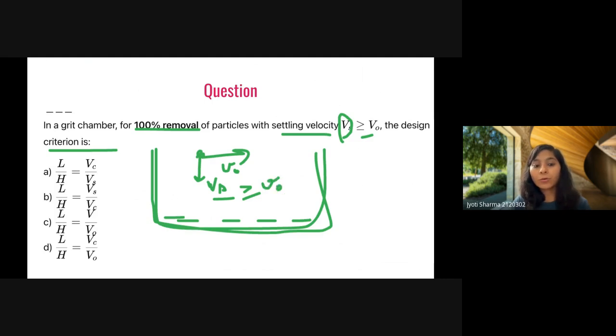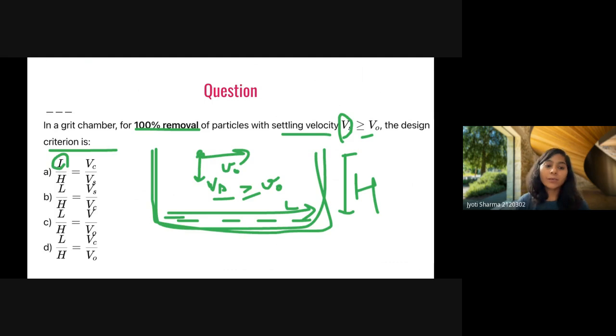So you have to tell me the design criteria. L is for the length, this is L, and this is your H. Can you tell me which one gives the right statement?